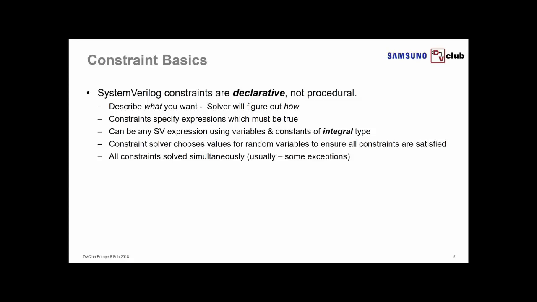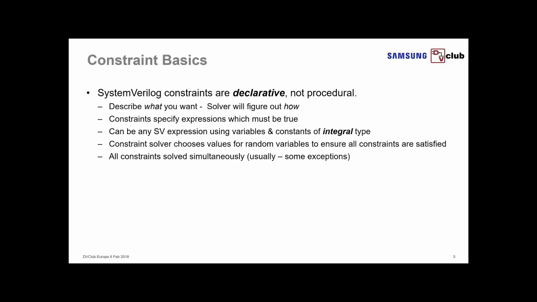Constraints are nothing more than SystemVerilog expressions which must be true. These can be any valid SystemVerilog expression using variables or constants of integral type, and that's an important distinction. You can't, at least not yet, do floating point constraints. And the constraint solver will choose values for all of your random variables, ensuring that all the constraints are satisfied.